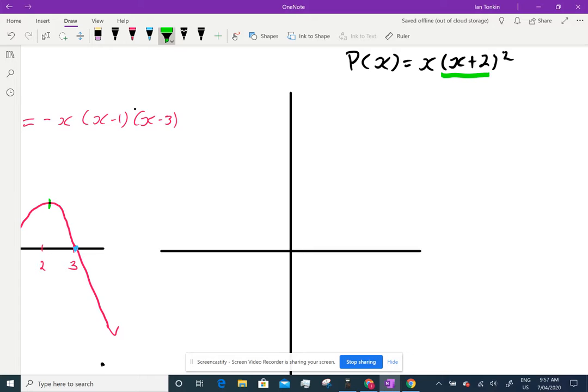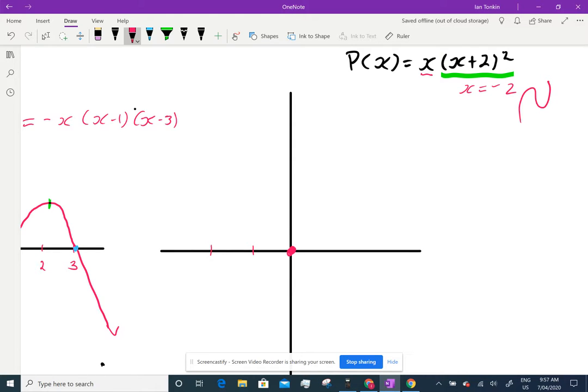Here, you must realise that that's a double root. It's a turning point. So this thing has the root at x equals 0, is that one, and at x equals negative 2. 1, 2. It's a positive cubic. When I expand that, I'll get a positive cubic, so it's going to look like that.